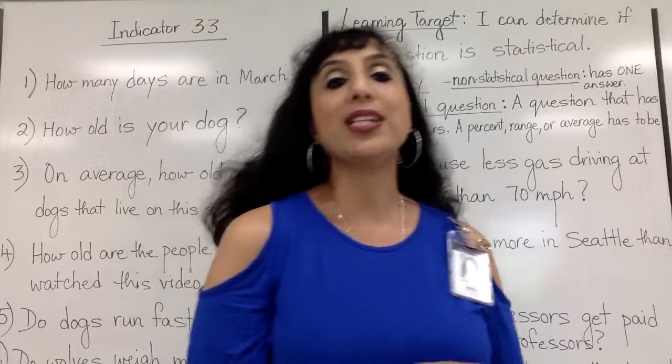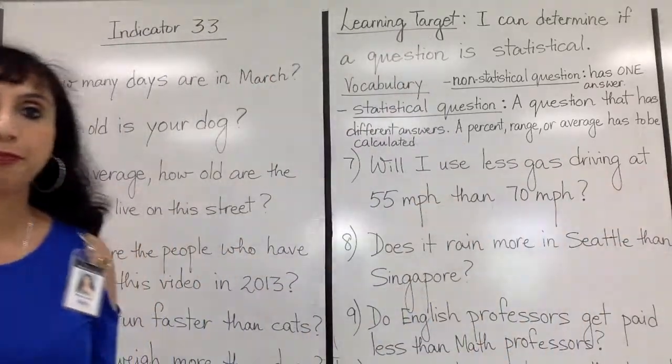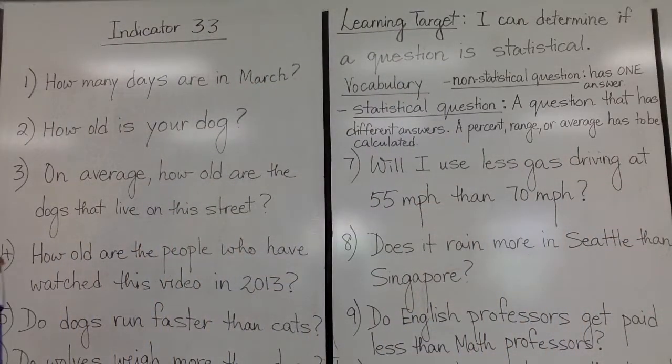All right, so let's go ahead and look at these questions, and we are going to see what the answer could be, and whether it is a statistical question or a non-statistical question. The first question is, how many days are in March?